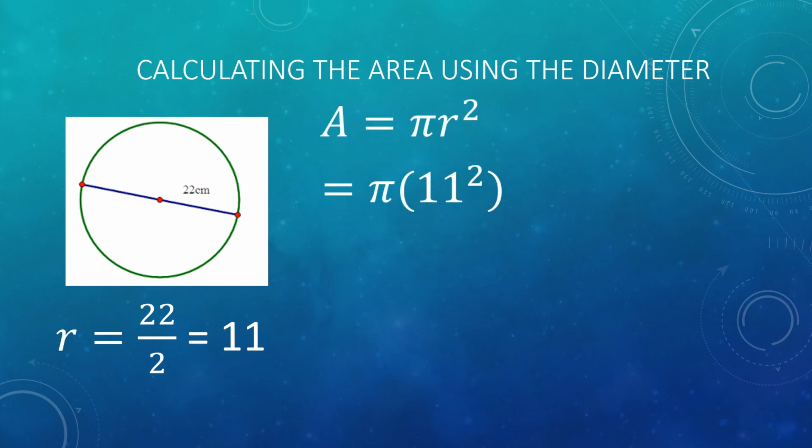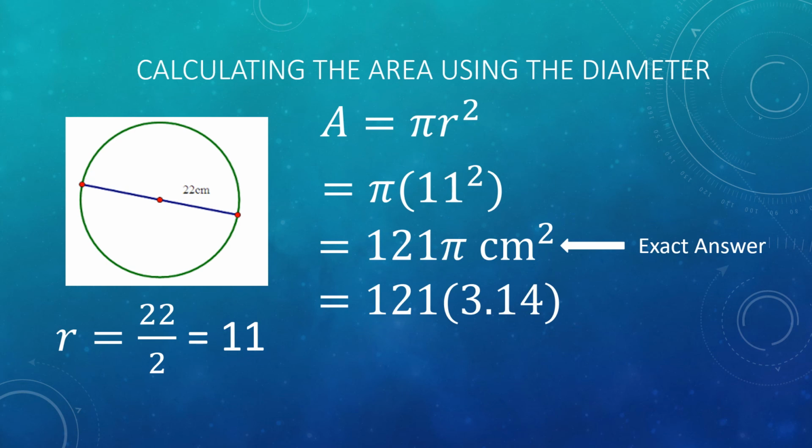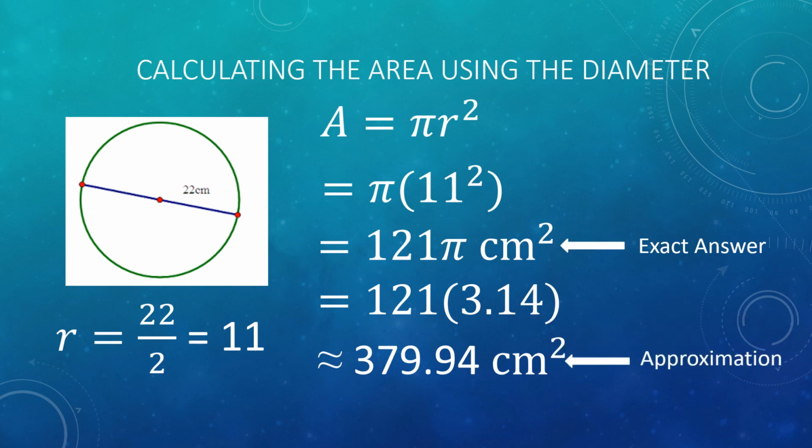Substitute 11 back in the place of R, square it. 11 times 11 is 121 pi square centimeters, and this is the exact answer. The approximation is found by taking 3.14, replacing it with pi, and multiplying that by 121, and you end up with 379.94 square centimeters, which is the approximation.